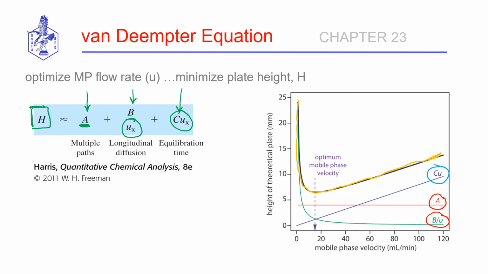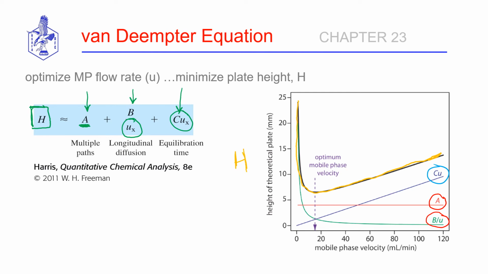And how the Van Deemter plot is useful is we want to optimize our separation. We want to find out what is our optimal flow rate so that we get the narrowest bands and the best resolution. So to find the optimal mobile phase flow rate, we want to look at the plot of the mobile phase velocity versus our plate height h on the y-axis.